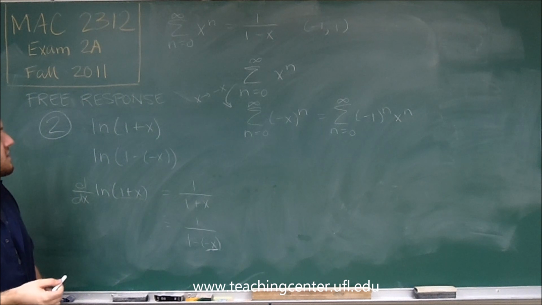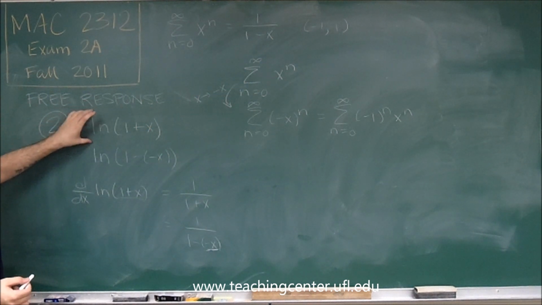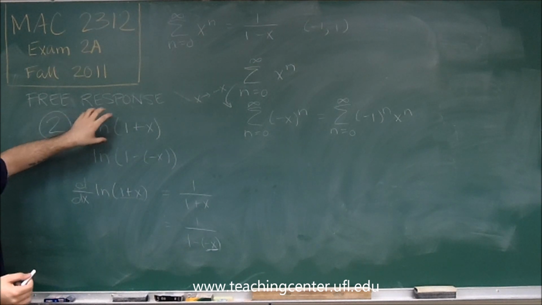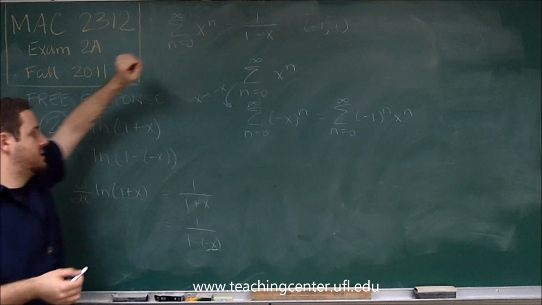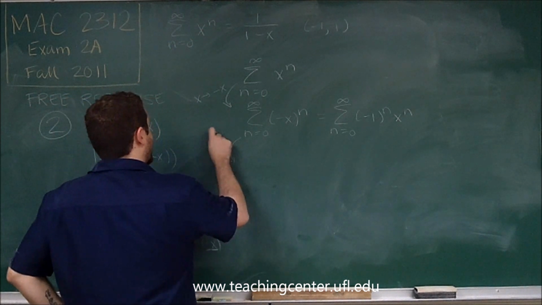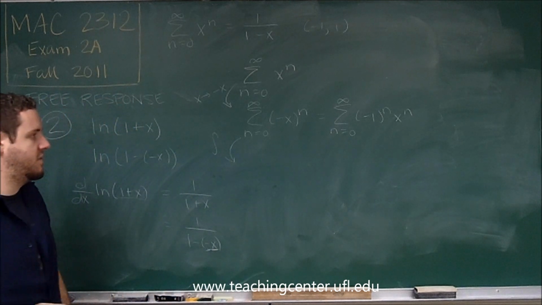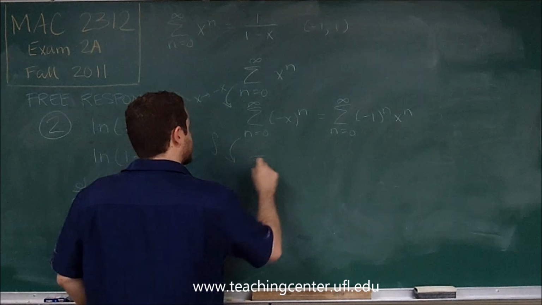So what was the last thing we needed to do? We needed to integrate this, because then, remember, we were trying to get ln of 1 plus x. We figured out that if we took the derivative of this, we get what we want. So if we take the integral of this, we'll get back to this. So now we're going to do the antiderivative here of this. So what do we get?